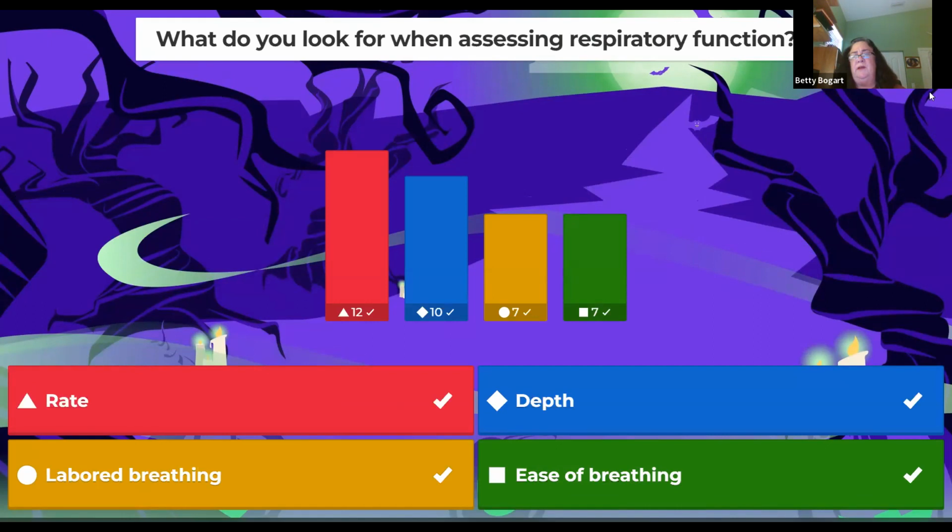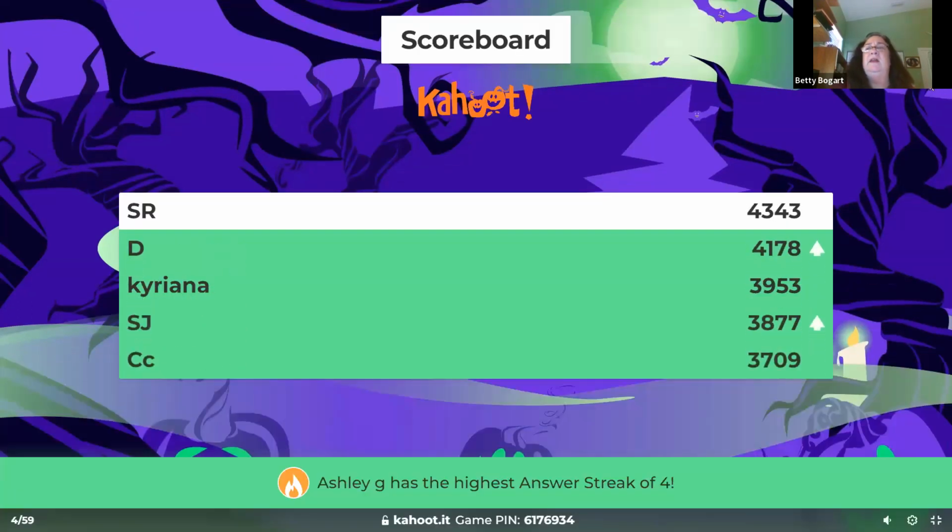How fast are they breathing? How deep is it? Is it shallow? And if it's labored, do they have retractions? Infants, are they grunting? You're in trouble. Nasal flaring. Are they breathing easy? You can see it so easily in children.